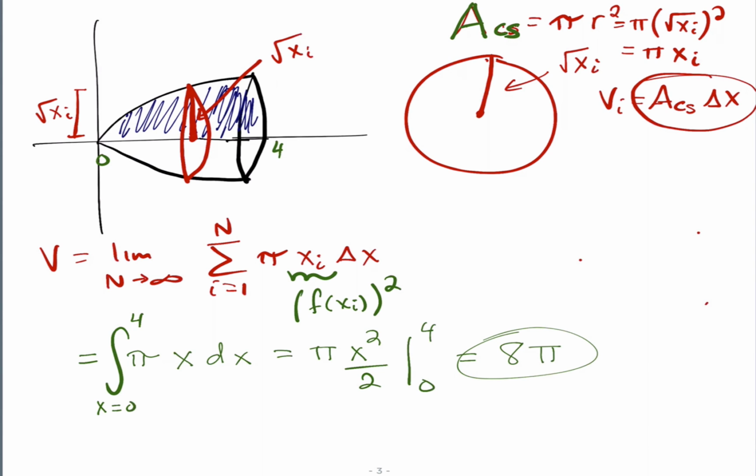What is it? And then find the area of that cross-section. And what's the volume of that slice? Well, it's just the area times delta x or delta y, depending on how you're slicing it. And then you turn it into a sum, and from the sum you turn it into an integral, and then you evaluate it, and you're done.